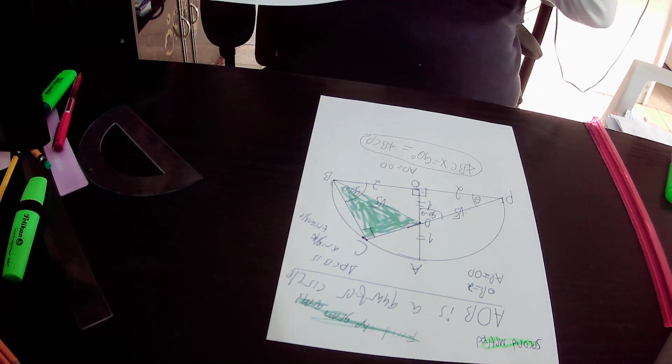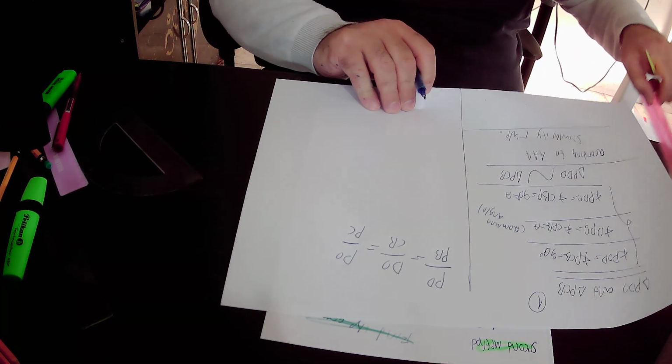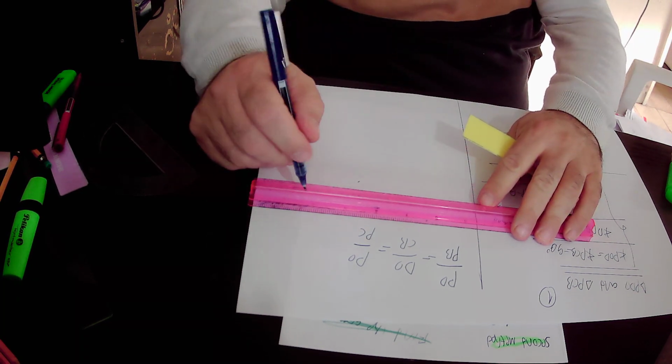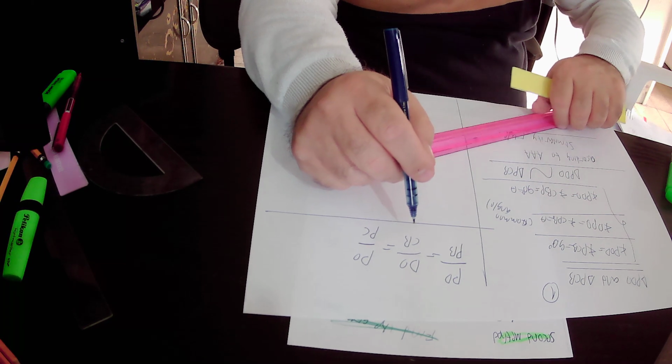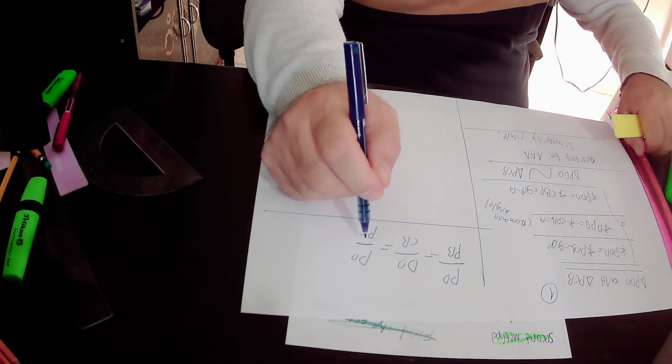I repeat again, from the fact that the two right triangles are similar to each other, we will conclude that PD over PB equals DO over CB equals PO over PC.